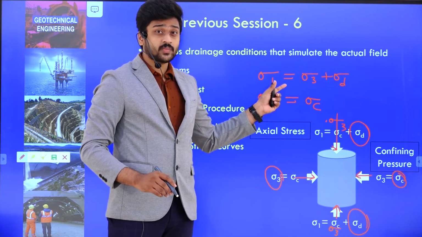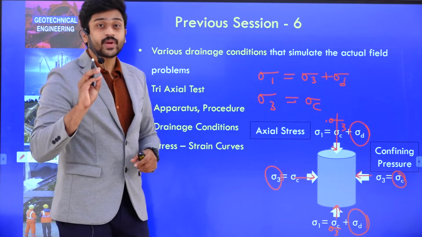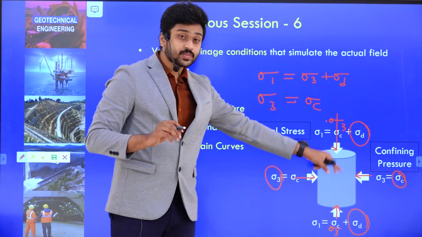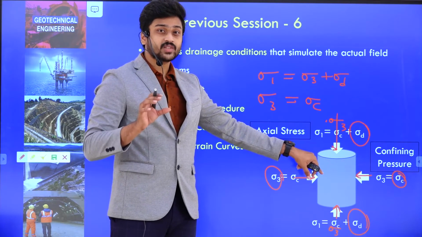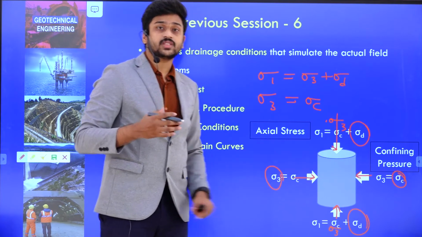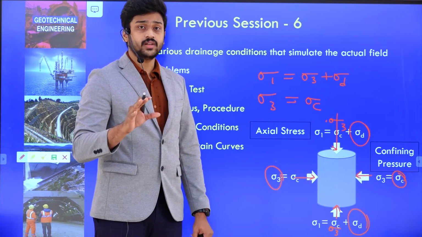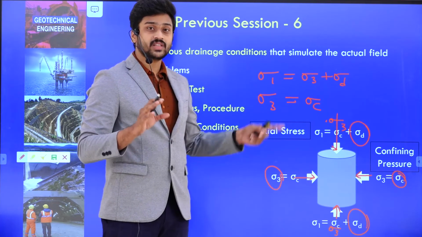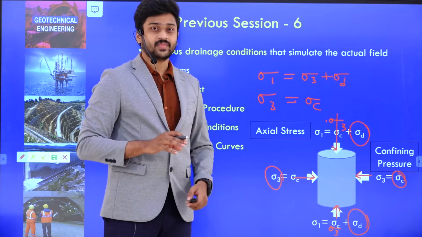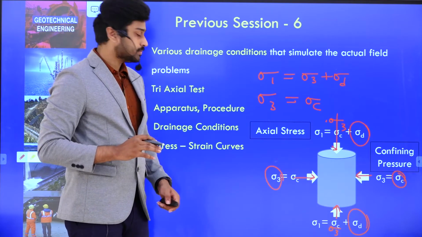This is very helpful for solving our problems, because sigma 1 and sigma 3 are our principal planes. If you look at this diagram, in the triaxial test the sample does not have any shear stress along the surfaces. That is why these planes are nothing but my principal planes. Clear? So that is why sigma 1 and sigma 3 are the stresses that are there. Okay, so now we can interlink to our earlier sections.